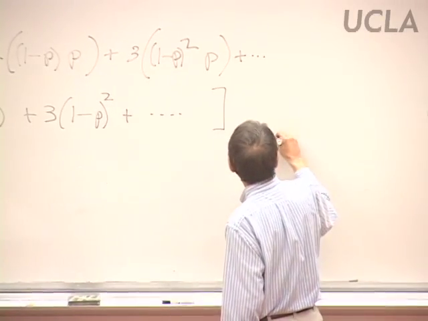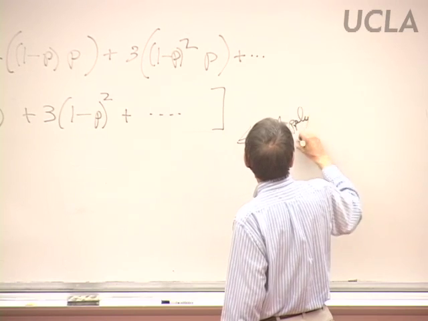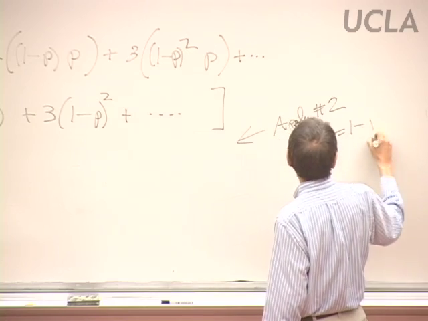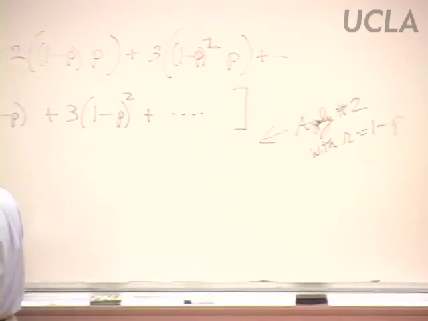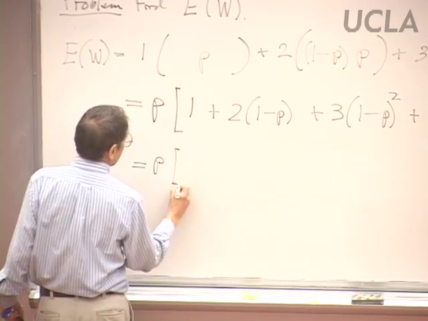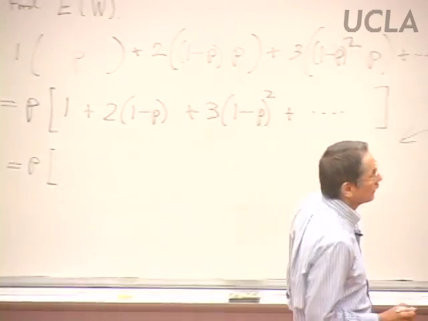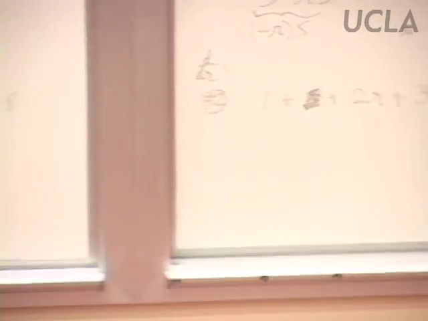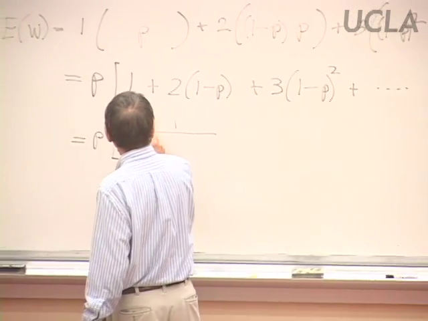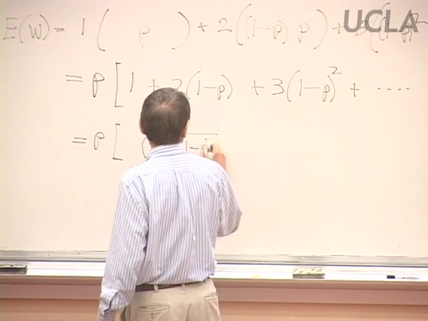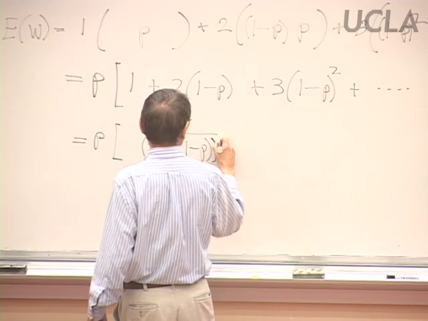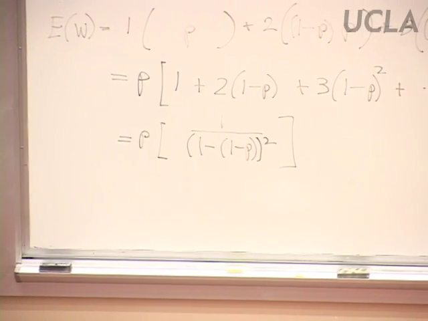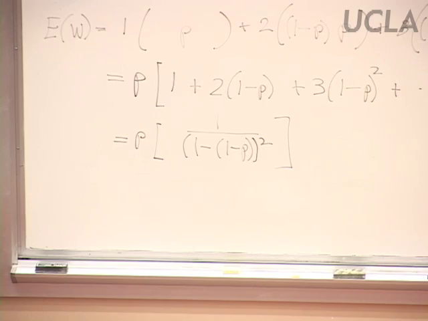Good. So we can apply equation number 2, where again r is 1 minus p, to that series in the brackets there, and it says the sum we get is 1 over 1 minus p, that thing squared, and again 1 minus p is just p.